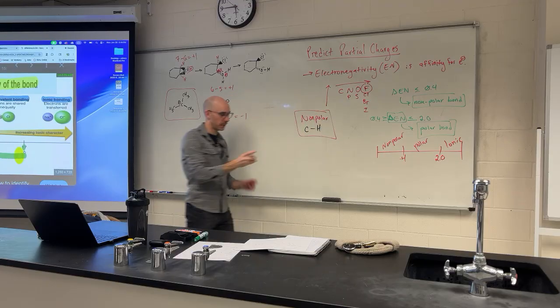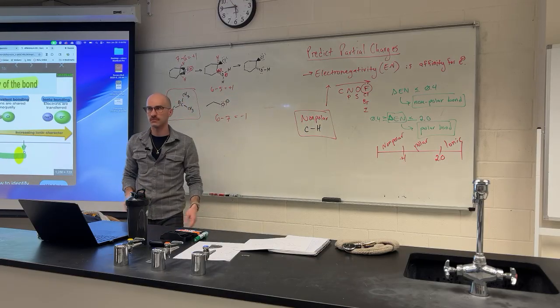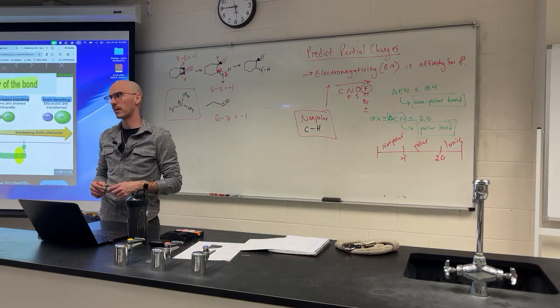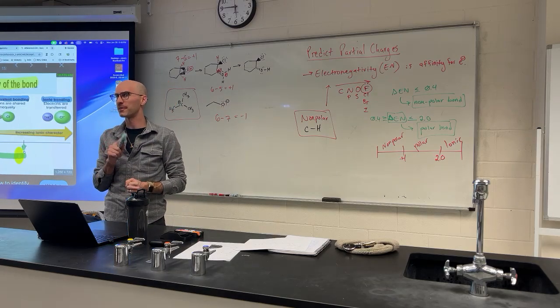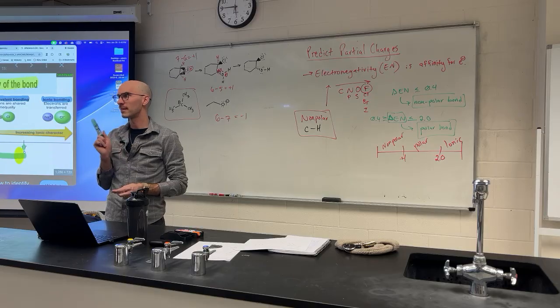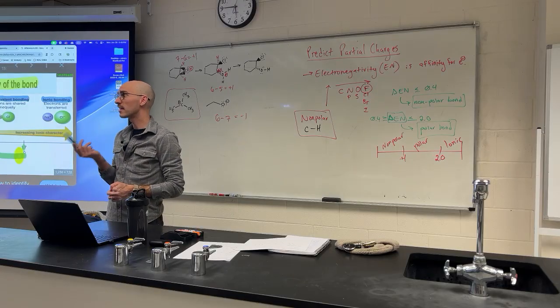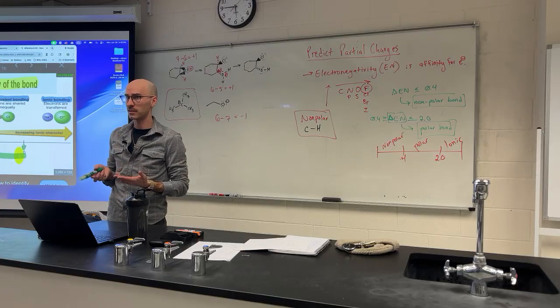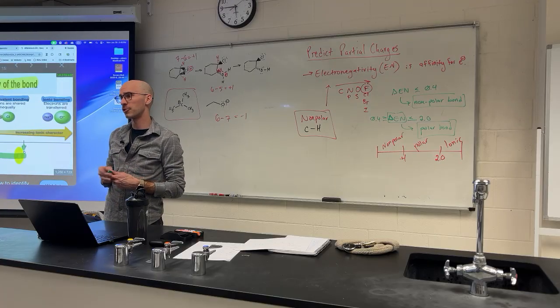So we would not place partial charges. Okay, but is there a difference in electronegativity? Yes. How does that difference in electronegativity distribute itself? Which atom between carbon and hydrogen is more positive? Which is more negative?